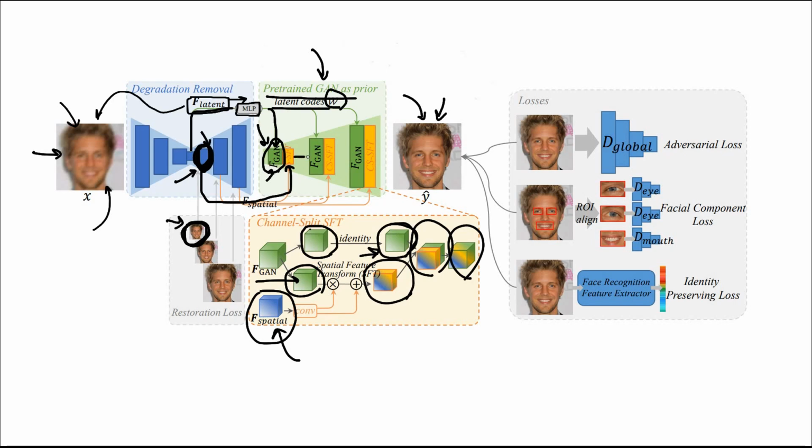We will move to another layer in our StyleGAN, and this layer will create this feature map, FGAN feature map, and we will do the same thing to guide this StyleGAN to produce what we want. We will do this again and again until the end of this StyleGAN network.